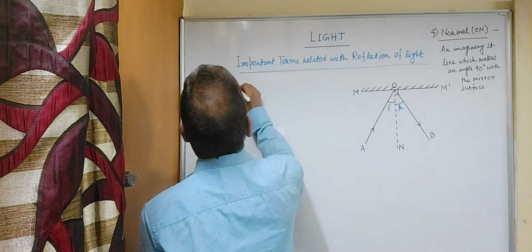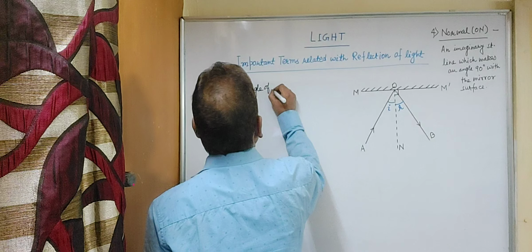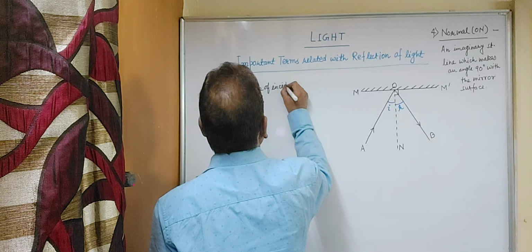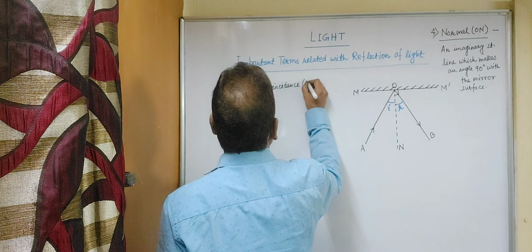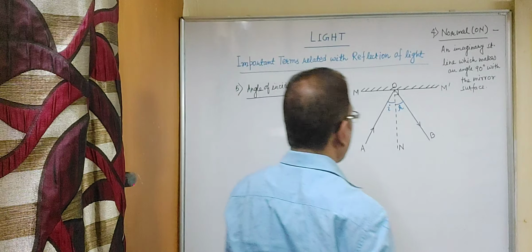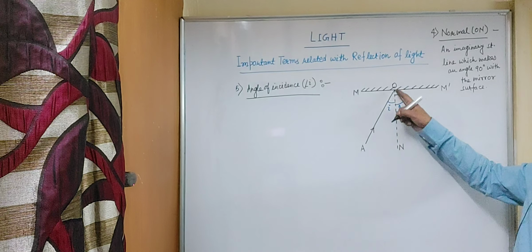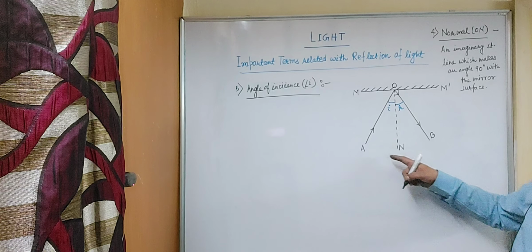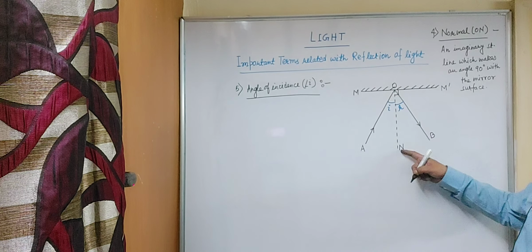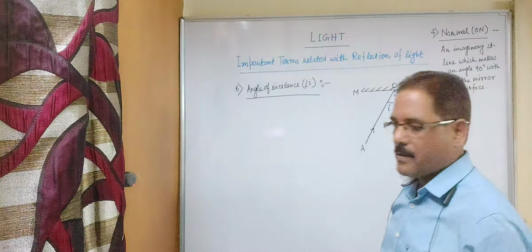So the fifth term is angle of incidence, that is angle i. As you look into the diagram, you will find that this angle is the angle between AO and ON. And as you know, AO is the incident ray and ON is the normal. So we can say that the angle between incident ray and normal is called angle of incidence.